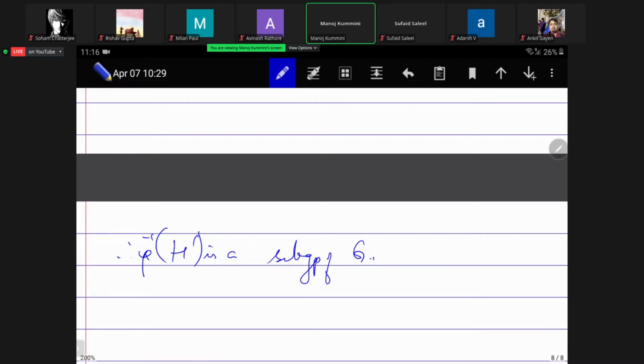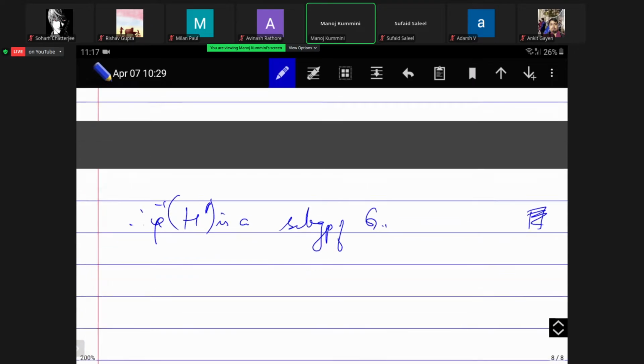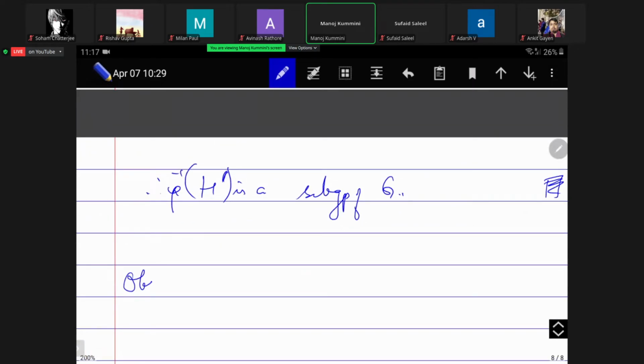Okay, so this proves the observation. Any questions? Now, suppose we take a subgroup containing the kernel, and let us look at what it gives in G prime. So another observation.